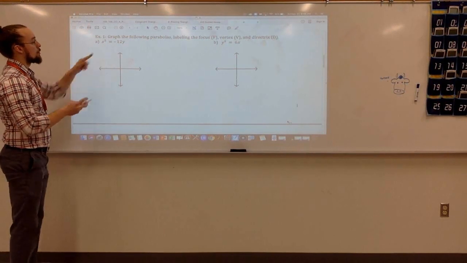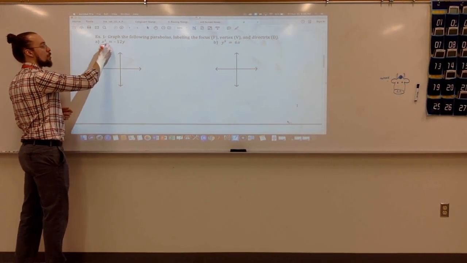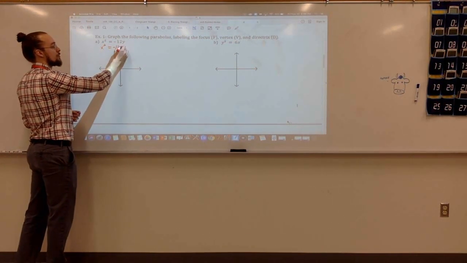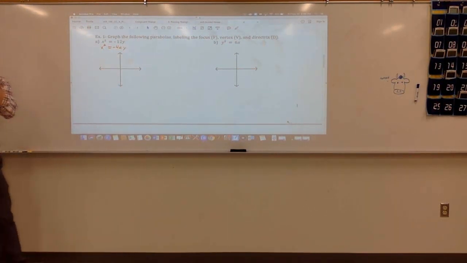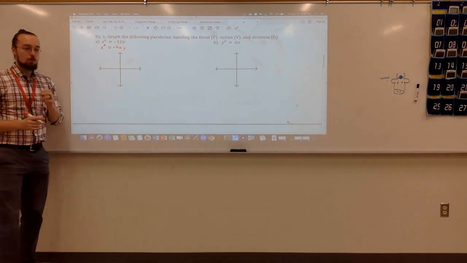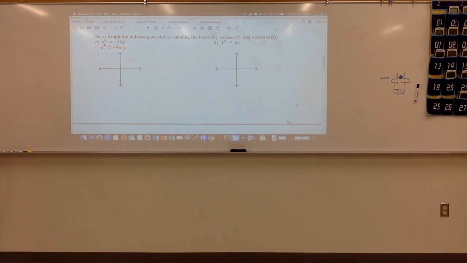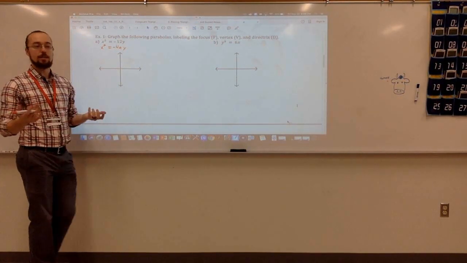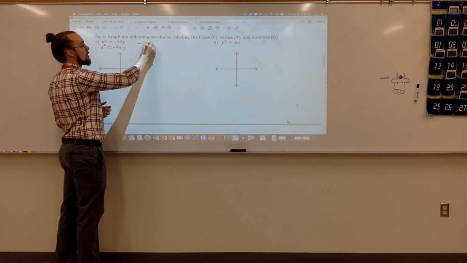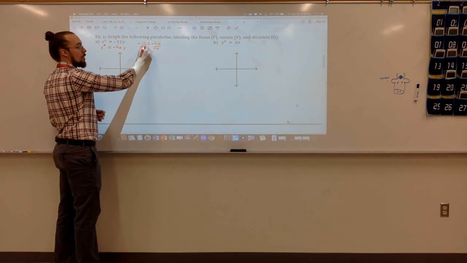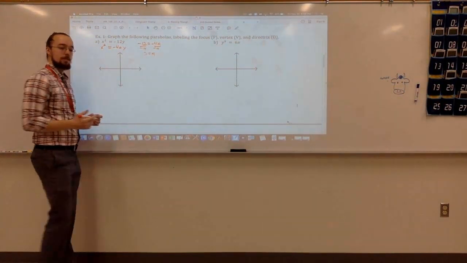If we think about our form, x squared equals negative 4ay, and my coefficient here is negative 12, how would I figure out what a is? We're essentially setting negative 12 equal to negative 4a. So divide by negative 4, and we would get that a is 3.